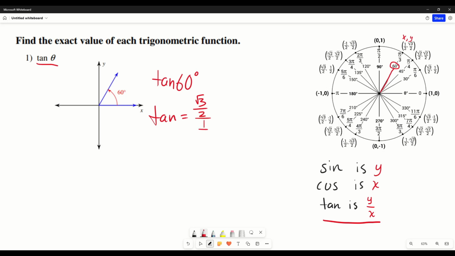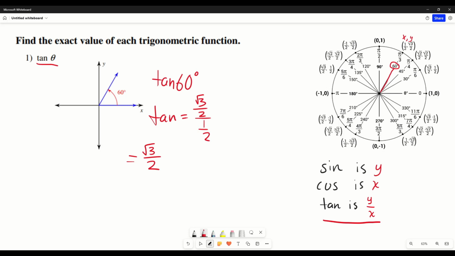X is 1/2. If you don't know how to divide when you have fractions, I will show you right here. You keep the numerator the same, root 3 over 2. But for the bottom one, 1/2, we flip it to its reciprocal.